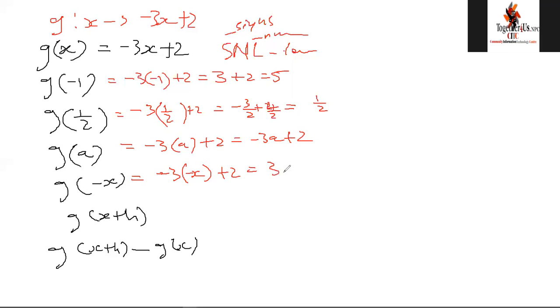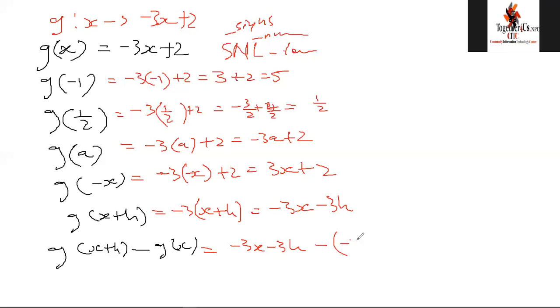This is 3x plus 2. g of x plus h, again, -3 into x plus h equals -3x minus 3h. Now, I already know what x plus h is, so I'm just going to write here -3x minus 3h minus what is g of x? g of x is -3x plus 2.